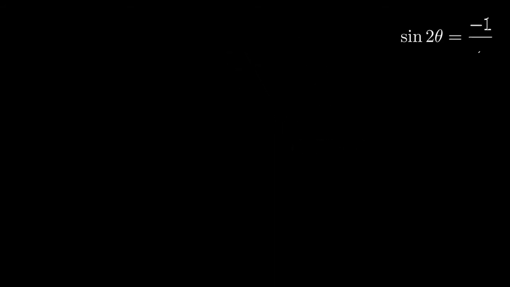And now we just deal with our first solution. So we're going to have to look at the quadrants here now. When is the sine negative? It's in, let's see, ASTC, so quadrants 3 and 4, where it's negative. Let's first look at the range here. For theta, they told us that it should be between 0 and pi.